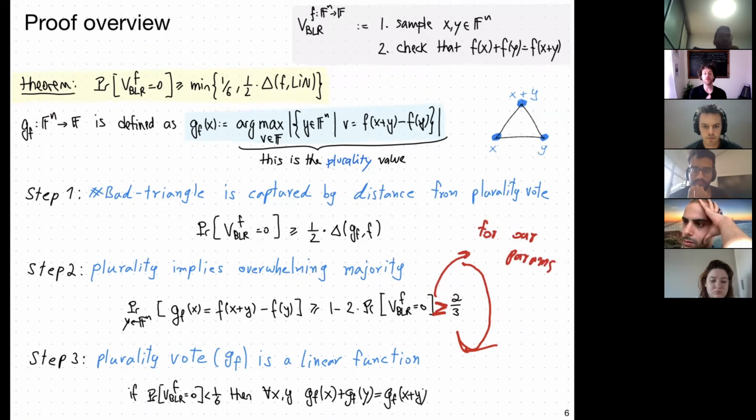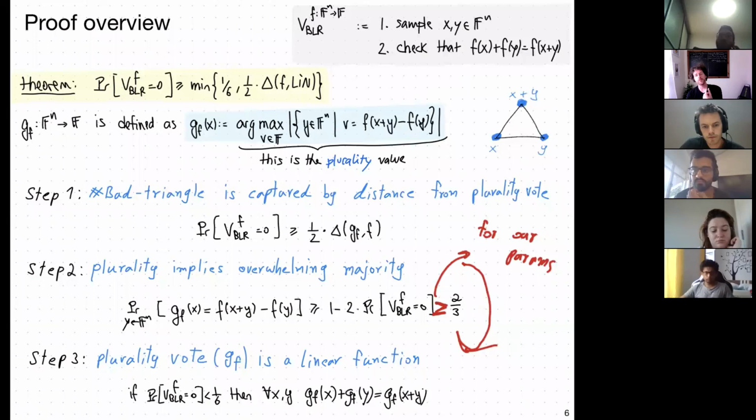But the statement that holds is 1 minus 2 times the probability of having this 0. I'm trying to think what I mean. This probability is some sort of property of the protocol. I'm trying to understand what it means for f. So it's a fantastic question. Recall, what is this probability that we're talking about? It's a protocol, but what is the protocol doing? It checks this condition for a random pair.